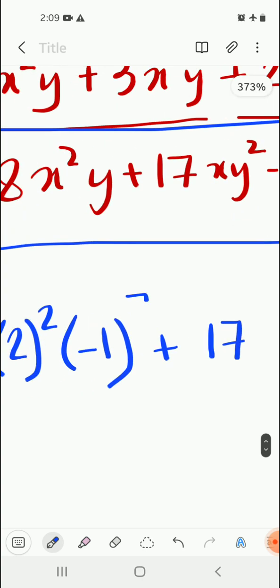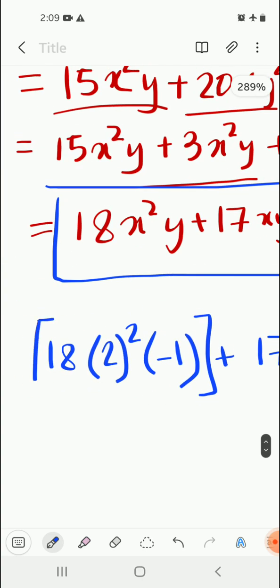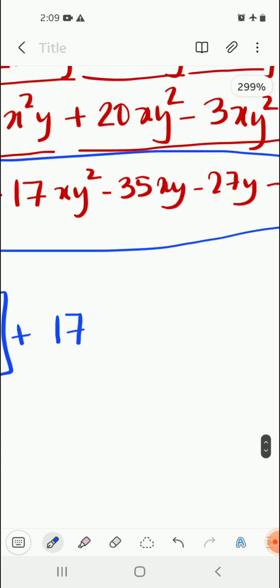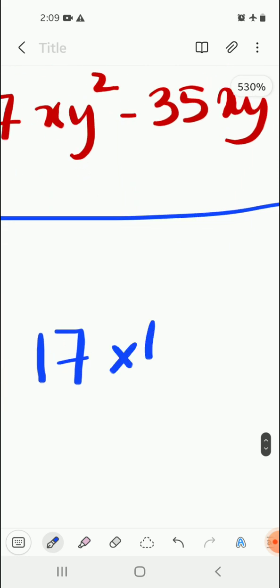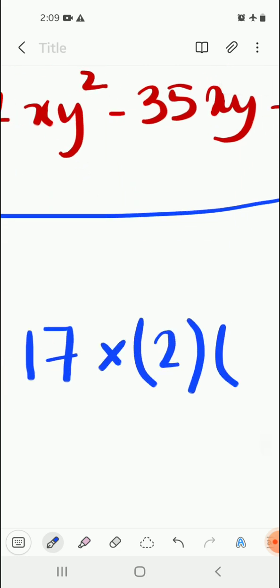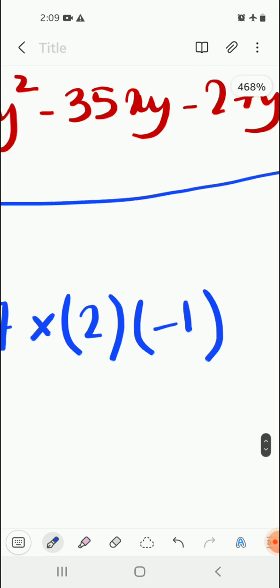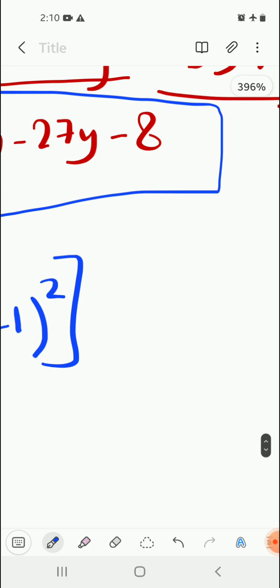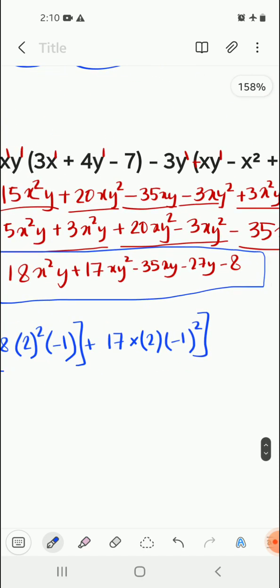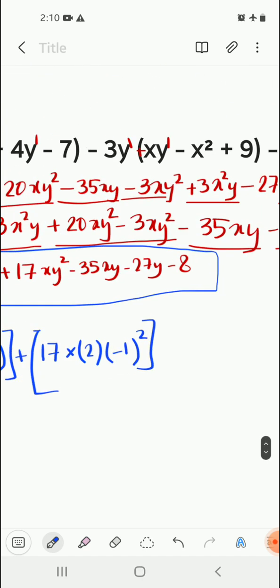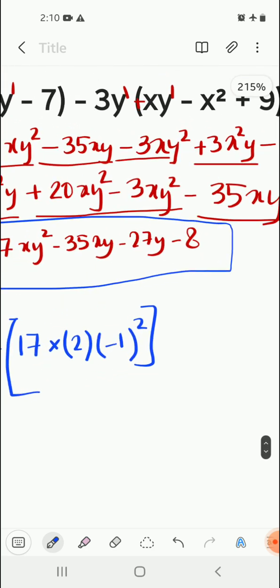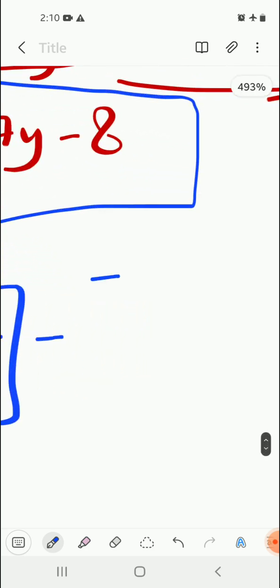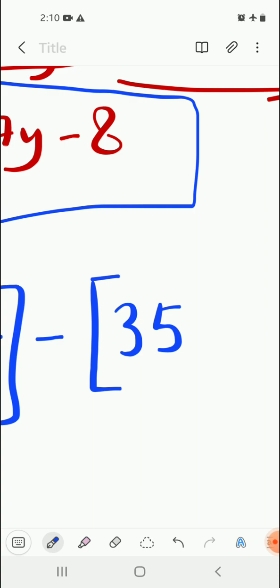Then plus 17. Put this within a bracket. Another bracket. 17 into, instead of x, we are going to write 2. And y, we are going to write minus 1. And it is y square. So this is done. Again, next we have got minus 35xy.